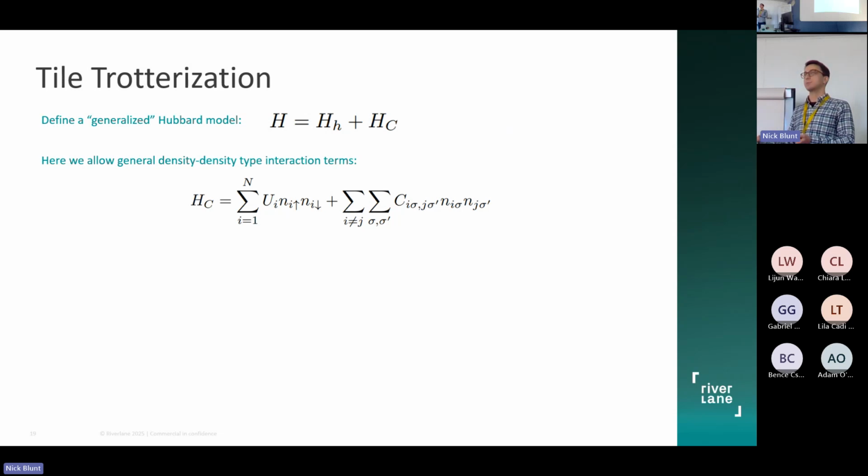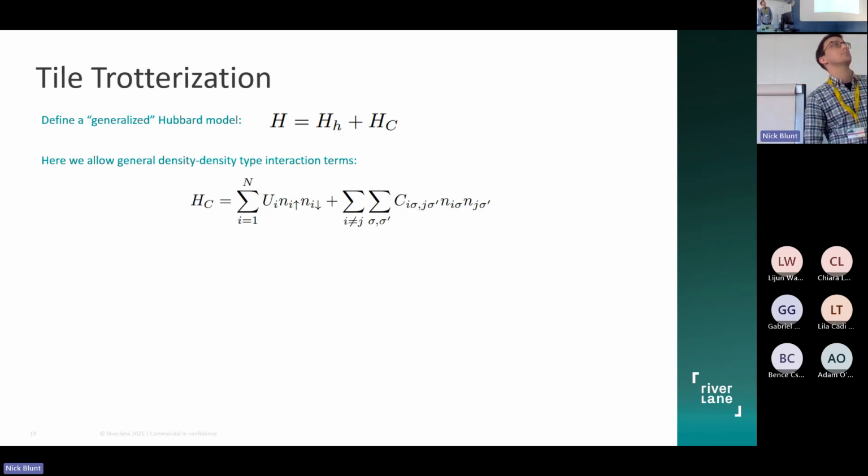We're only considering nearest neighbor hopping. Whereas for the interaction term, the first term is the usual Hubbard model interaction, but the second term is allowing arbitrary density-density type interactions between any pair of sites and any pair of spins. For the extended Hubbard model, you just include nearest neighbor interactions, whereas for the PPP model, you consider all n² terms here.